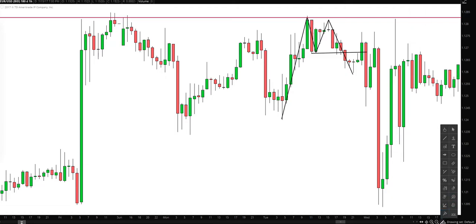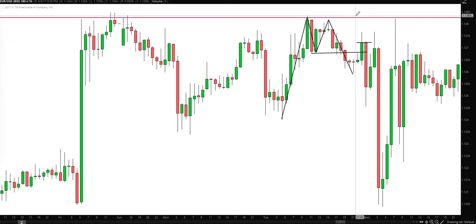And as you see, if you were to enter conservatively and waited on a pullback, that would have been your entry.